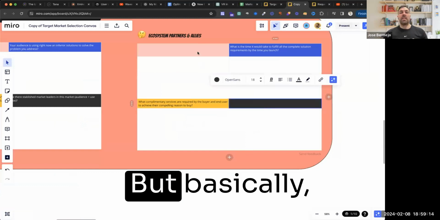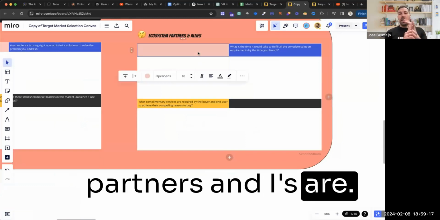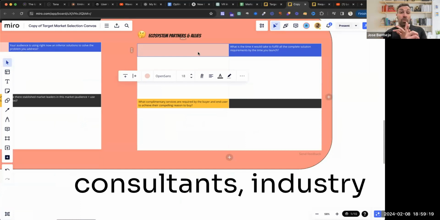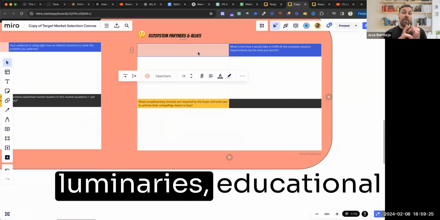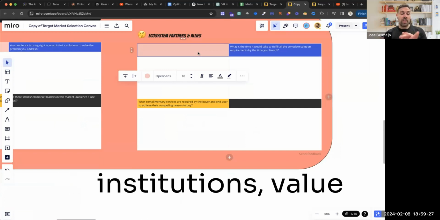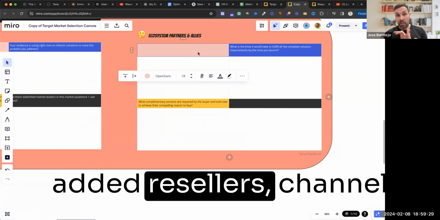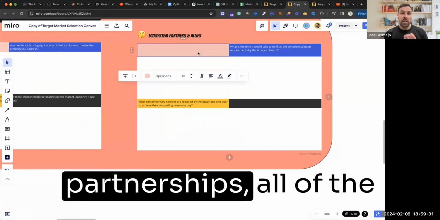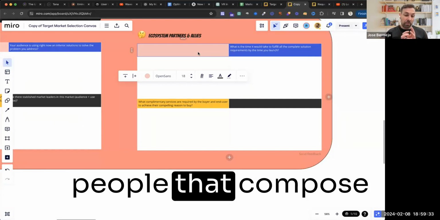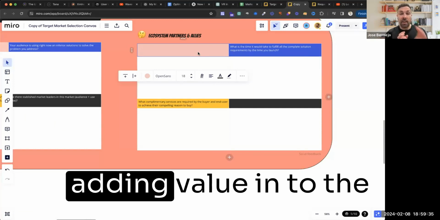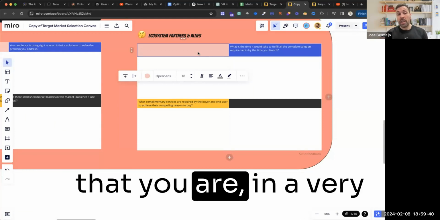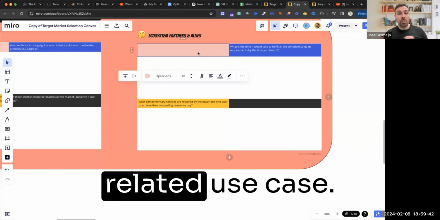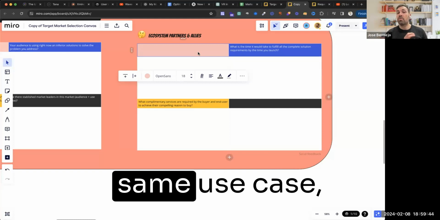I missed this. But basically, partners and allies are industry analysts, consultants, industry associations, thought leaders, luminaries, educational institutions, value-added resellers, channel partnerships, all of those people that compose an ecosystem and are adding value to the same target audience that you are in a very related use case, if not in the same use case.